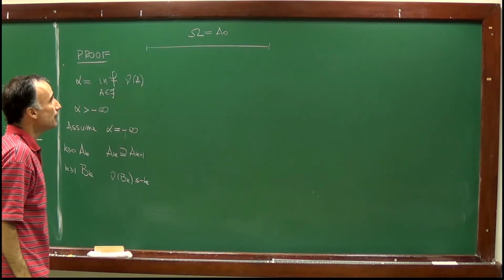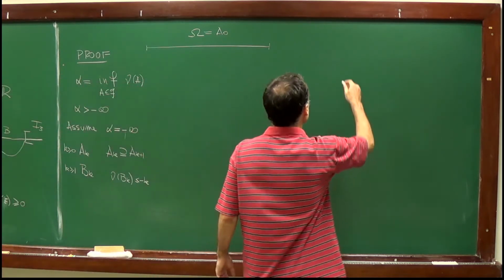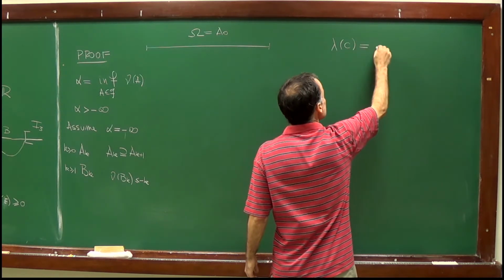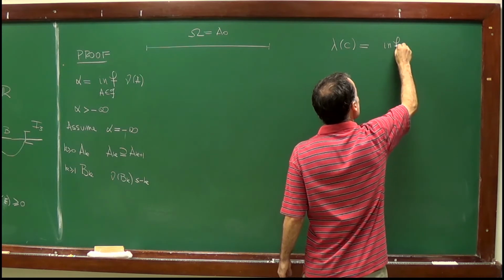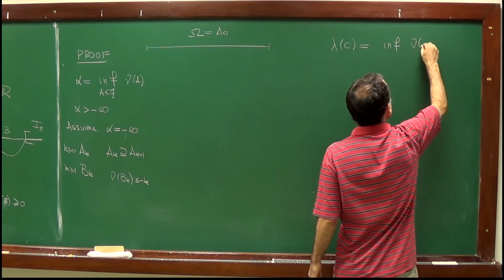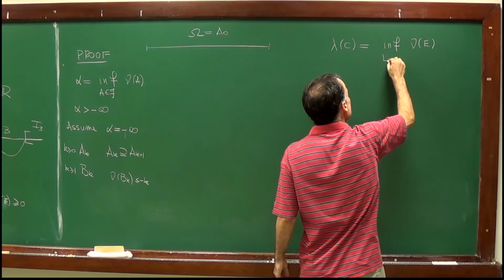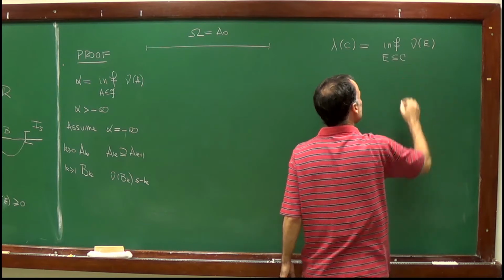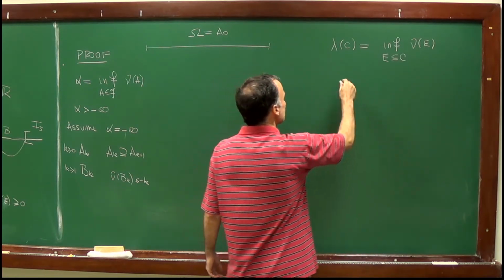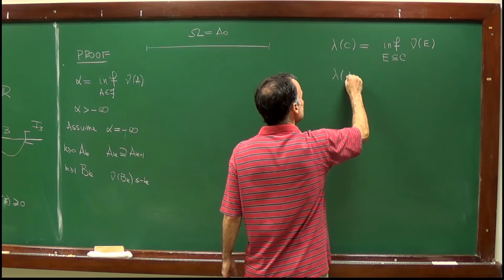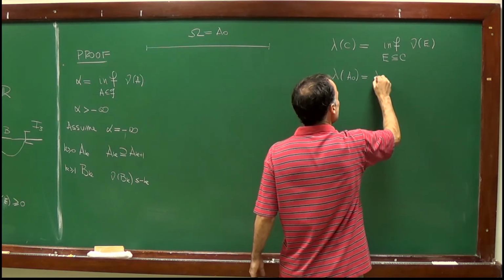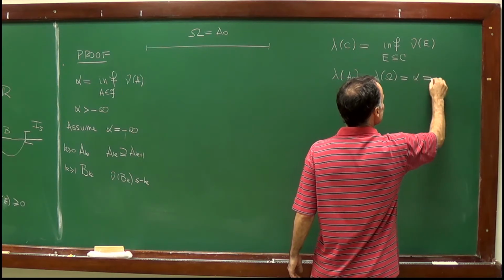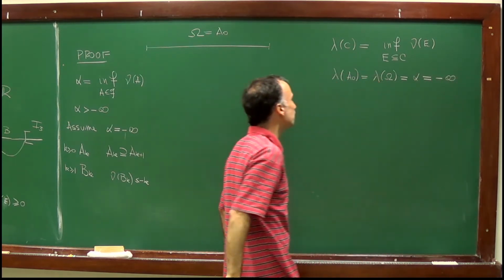And I will define lambda of a set C as the infimum of nu of E for all E contained in C. So this means that nu of A_0, which is nu of omega, is equal to alpha, which I'm assuming to be equal to minus infinity.